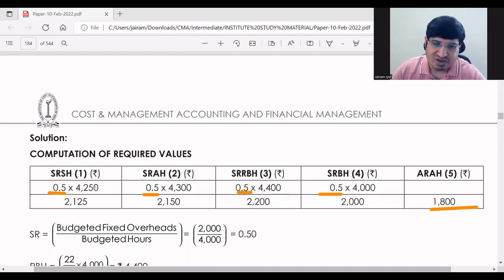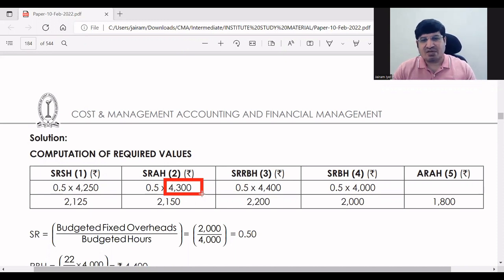ठीक है? Now let us, we have to compute the second part of all of this. Okay, तो चलिए, so let us start. So we'll first go by what is already given in the problem. ठीक है? Okay, so here see the standard, this actual hours is already given in the problem.